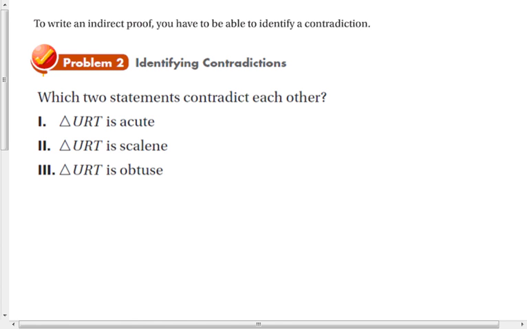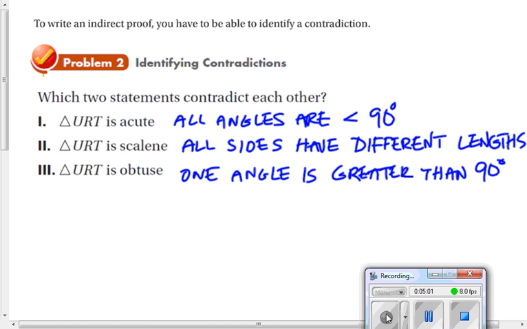That would mean that all angles are less than 90 degrees. Number 2 says that triangle URT is scalene. That would mean that all sides have different lengths. And the third one is triangle URT is obtuse. That means one angle is greater than 90 degrees. So we have to figure out which of those statements are contradicting each other.